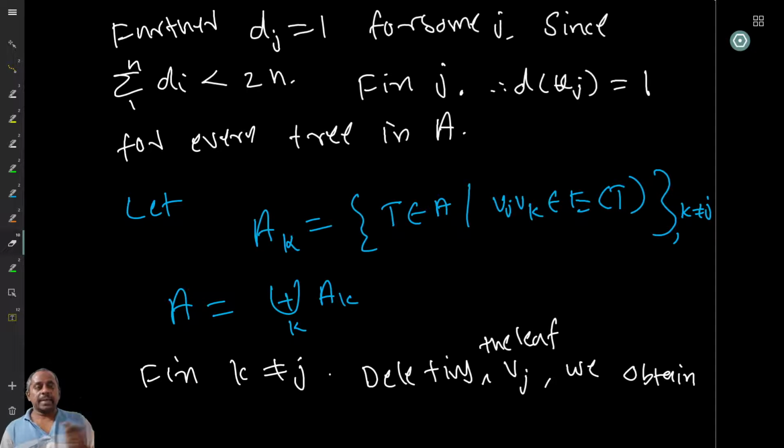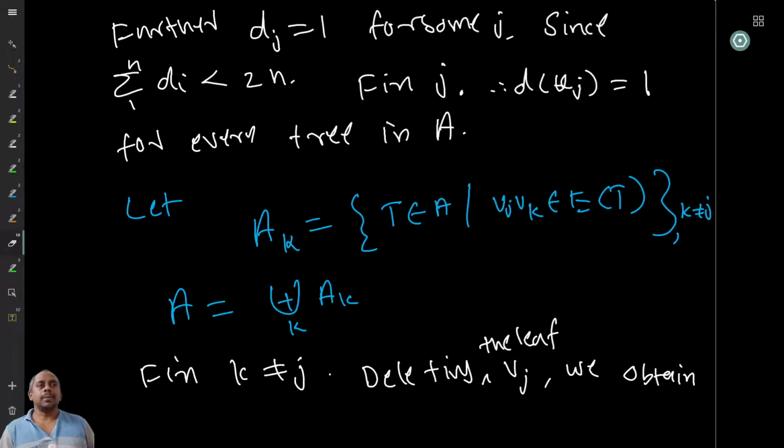Now we collect these neighbors and make another set. For every k, Ak is the set of all trees in X such that VjVk is an edge in the tree. Because Vj has a unique neighbor, it is going to be exactly one k for a given tree. That k will be different from j because there is no loop in our trees.